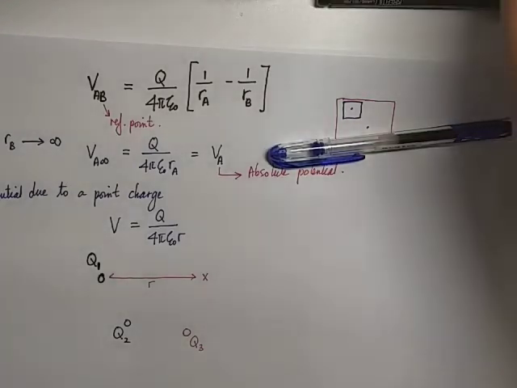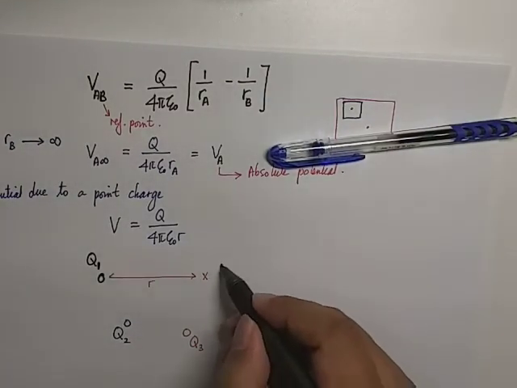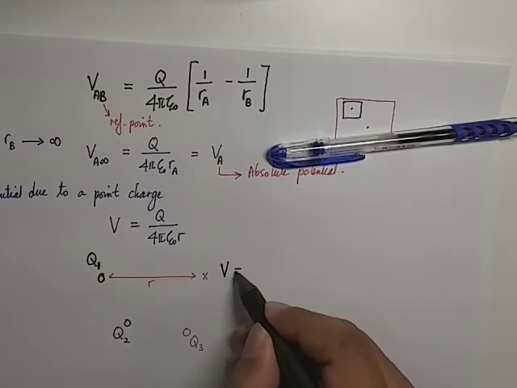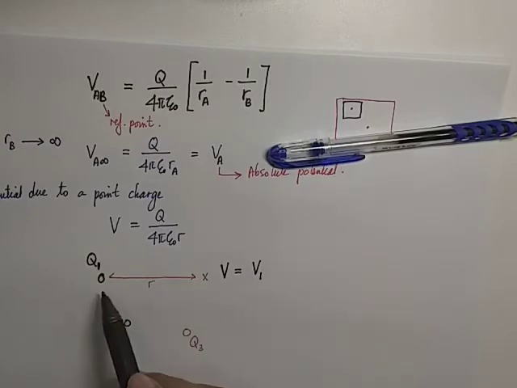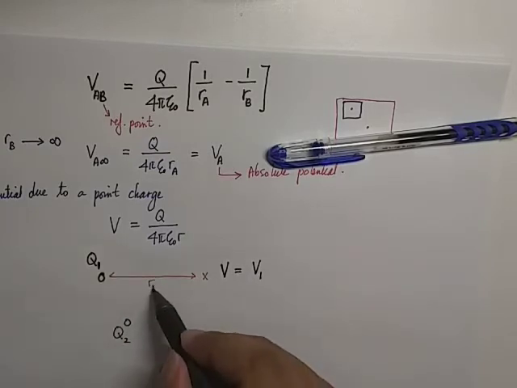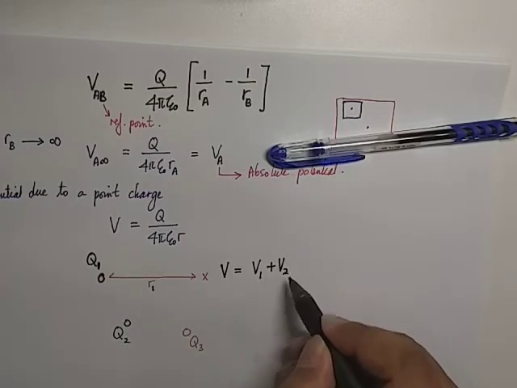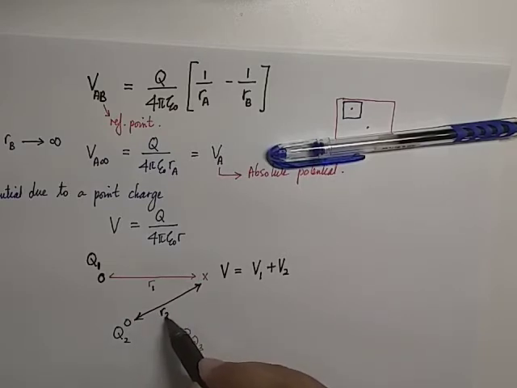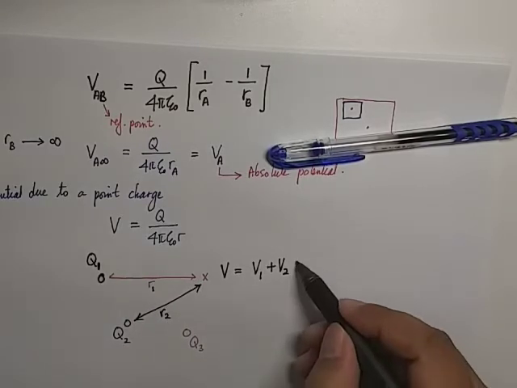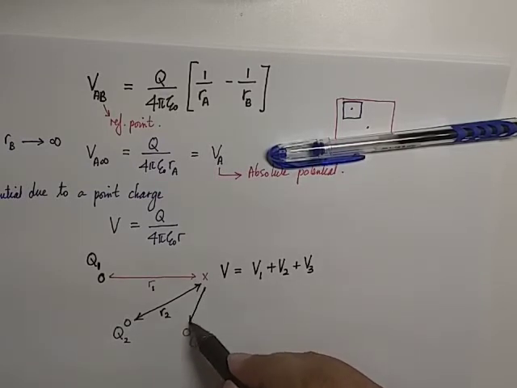So what we can conclude now, the potential due to 3 different charges, V is equal to V1, the potential due to Q number 1, where the R here is R1, plus V2 due to point charge number 2, and remember the distance now, we define it to be R2, plus V number 3, and the distance here we denote to be R3.